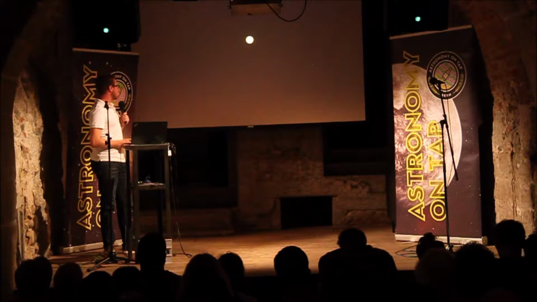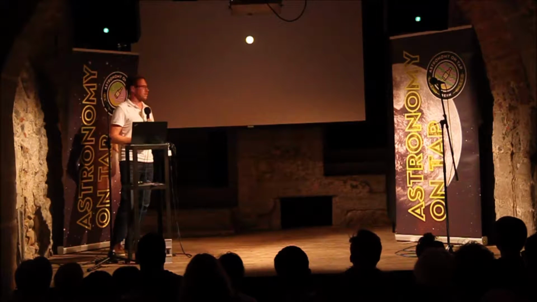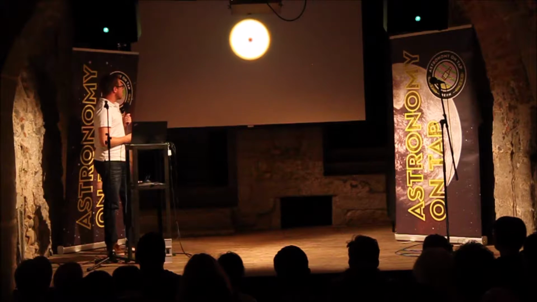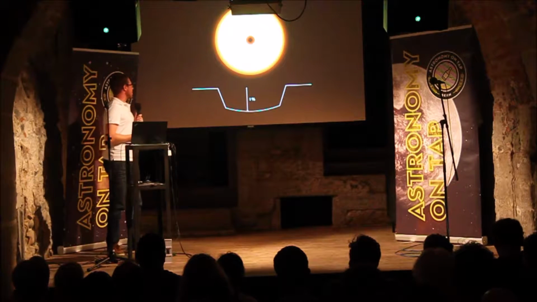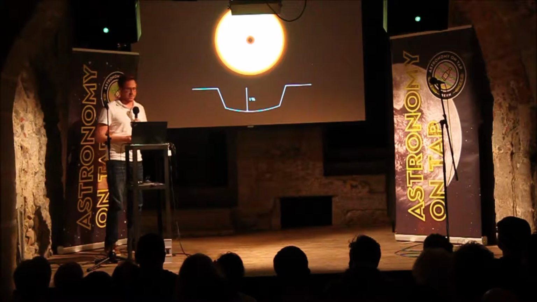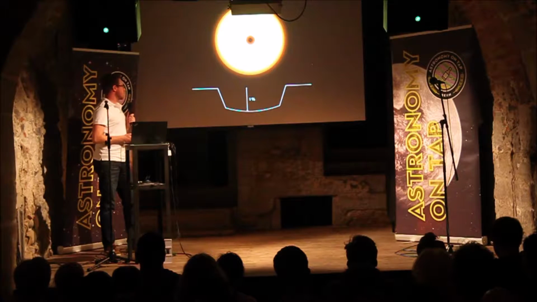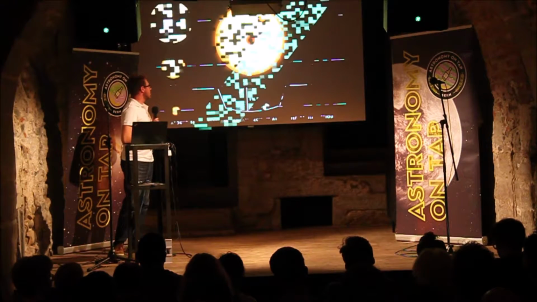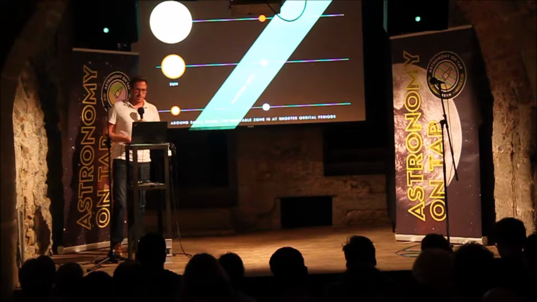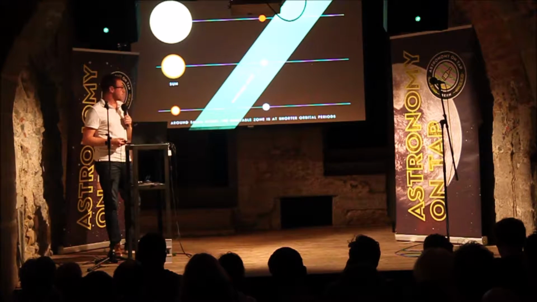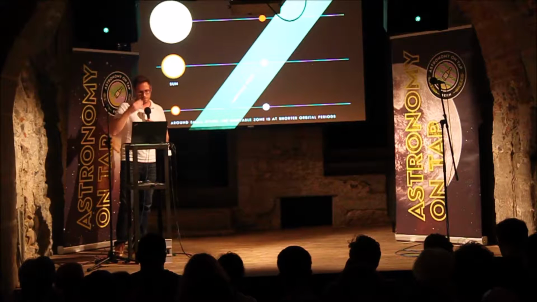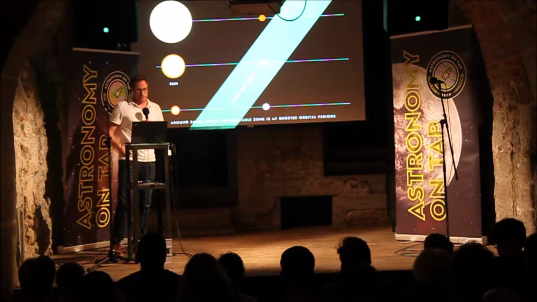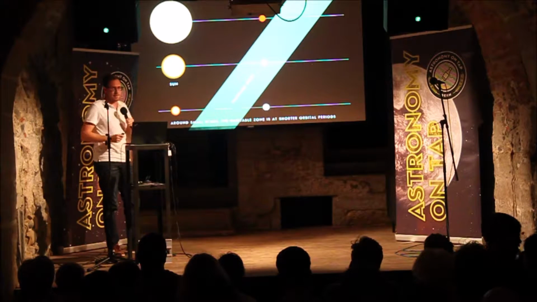But what if we observe a smaller star? Then we basically get a larger signal again of 1%, just because the star is smaller. And there's another benefit of going to smaller stars with the transit method. It's because of the habitable zone.